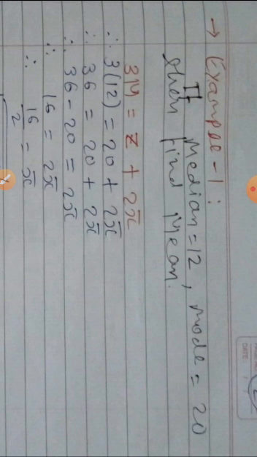Values are mostly placed in brackets, so m's value is placed in brackets. Z has no coefficient, so you can write it directly. So 3 into 12 is equal to 20 plus 2x bar. 3 twelves are 36, 20 is shifted to the left side. So 36 minus 20, 16, equals 2x bar.